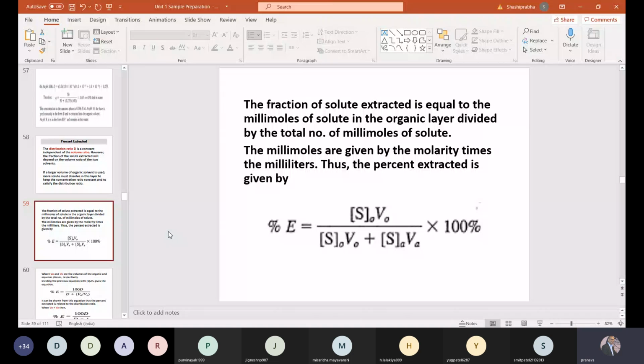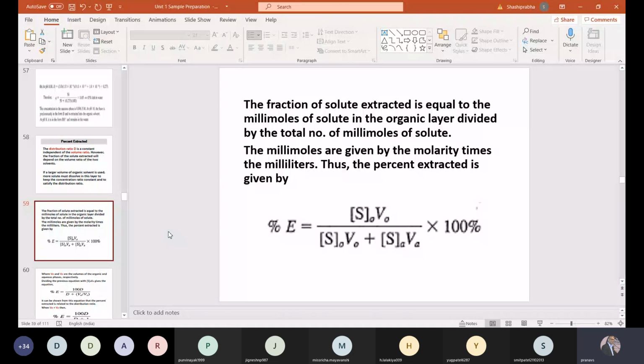Now, again, we will arrive at a simple formula to find the percentage extraction. Distribution ratio is an equilibrium state, a dynamic state. Whereas the percentage extraction is not an equilibrium step.